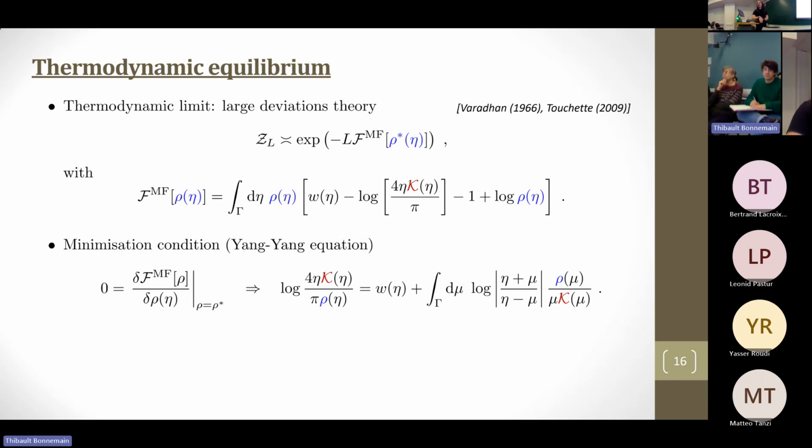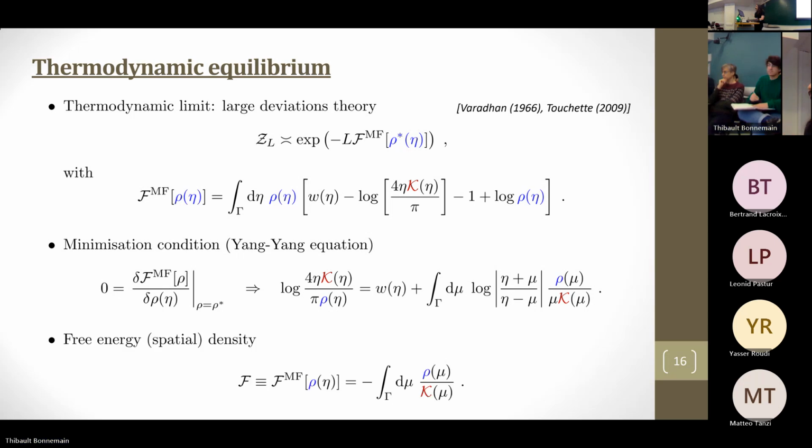This specifies my GGE. And then, using this minimization condition to evaluate the mean field free energy functional at the minimizer, we eventually obtain the free energy spatial density, which takes a rather simple expression in terms of rho and k.